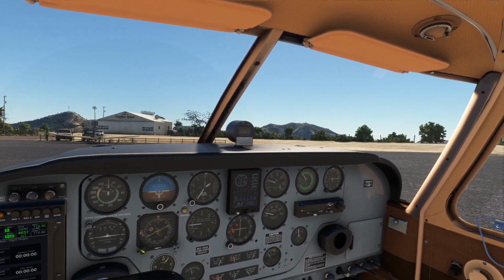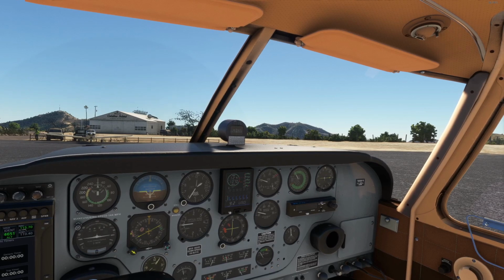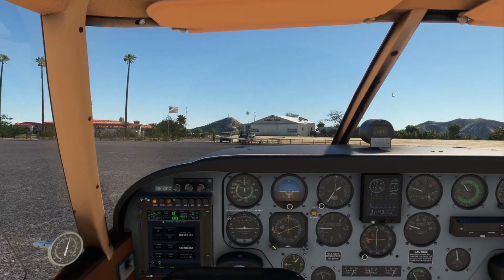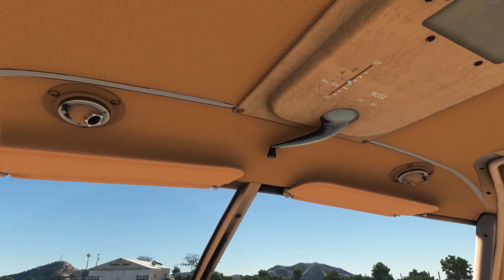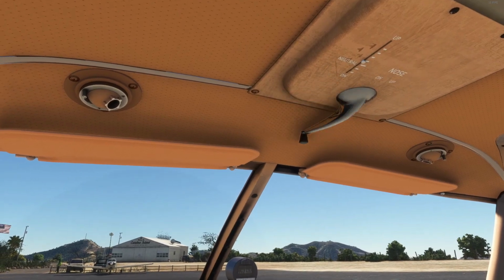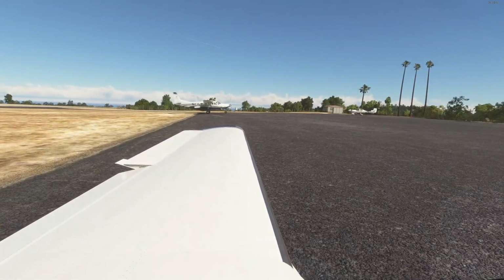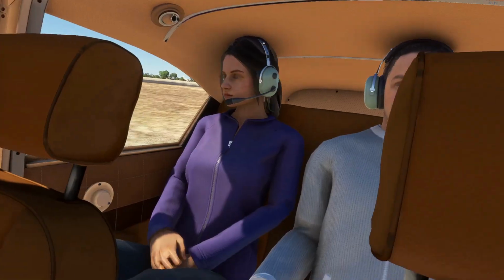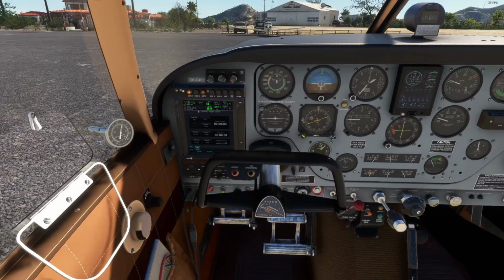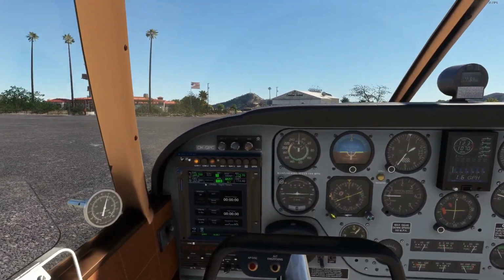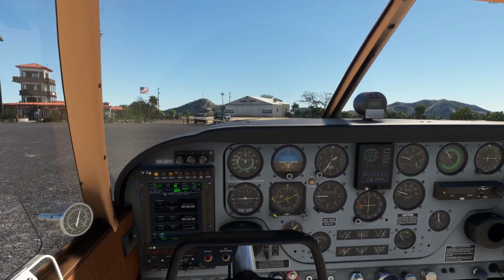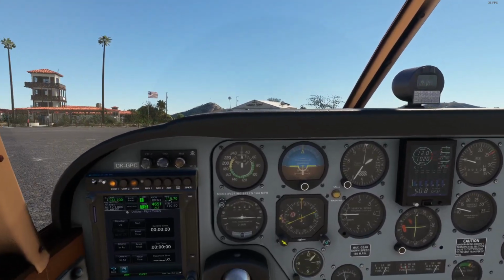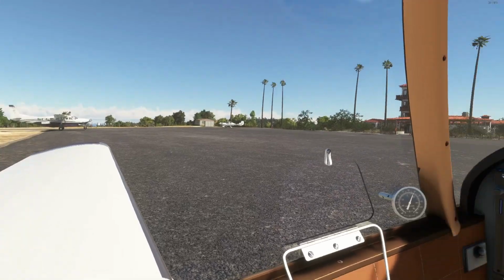We still don't have any controller, so let's go. Let's test the controls already there. I cannot see the tail. It's free. Good. I believe we are ready to go.